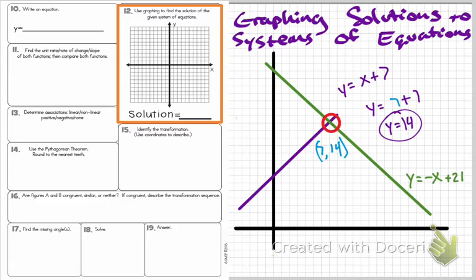So y equaled negative 7 plus 21. Well, negative 7 plus 21 equals 14. We know that in both of these equations, when we have that x value, both of these equations will also have the same y value, meaning that this is the solution to our system of equations.